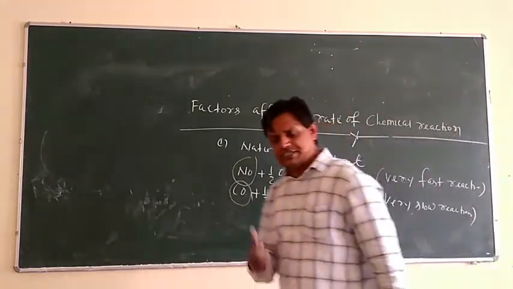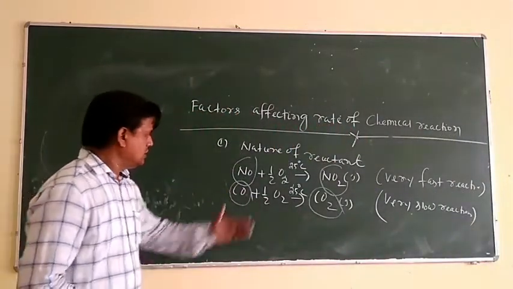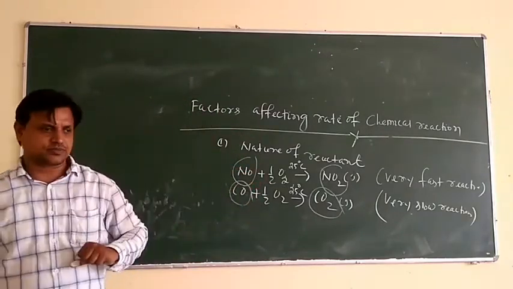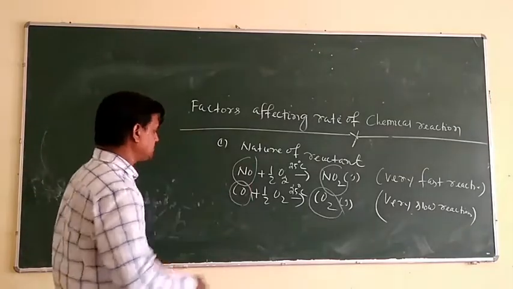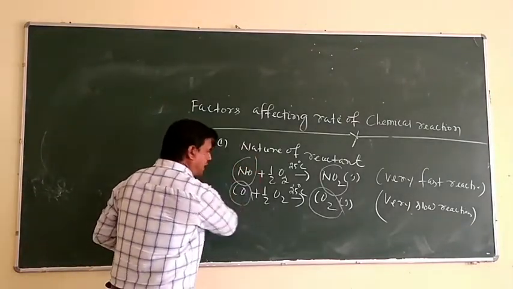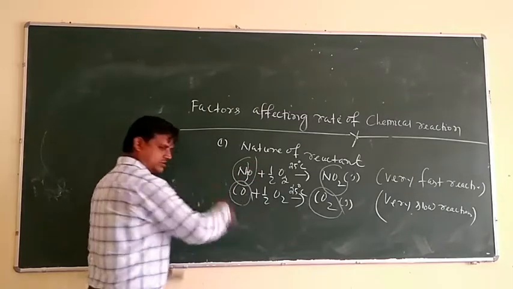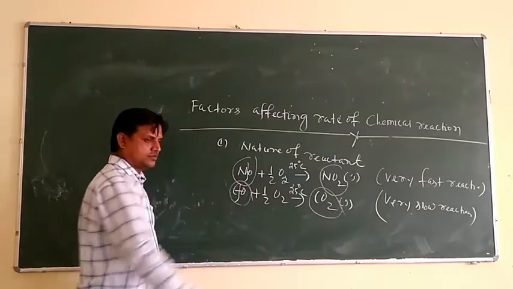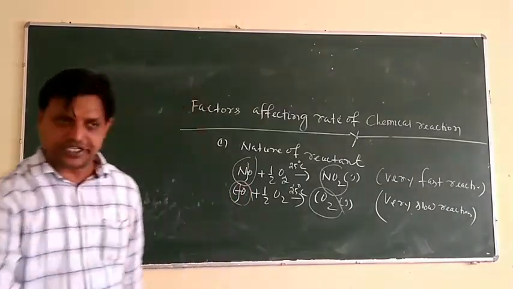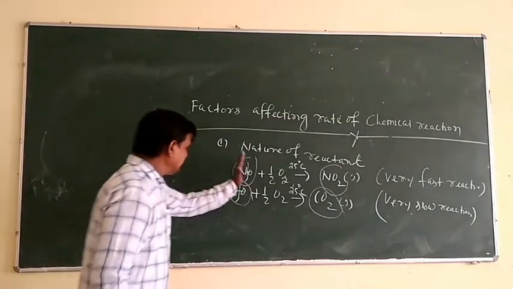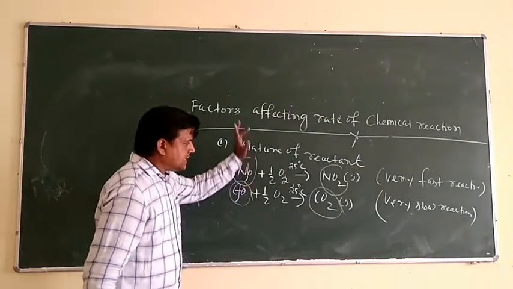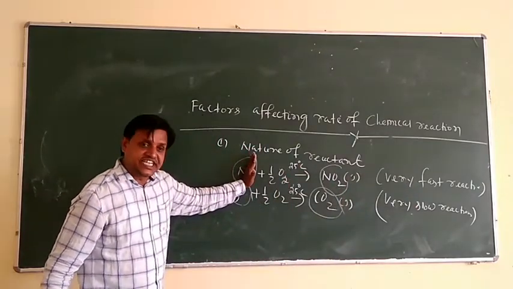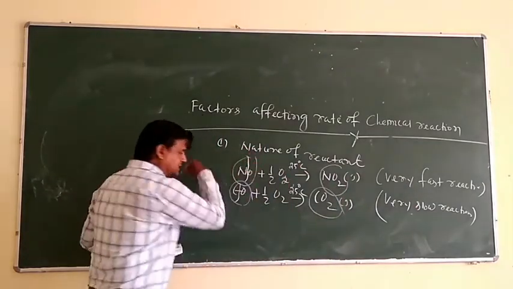So, what is the reason? This reaction is very fast. This reaction is very slow. The reason is the energy required to break the NO bond and energy required to break the CO bond is different. That means, in this case, reaction is very fast means this bond is broken easily.